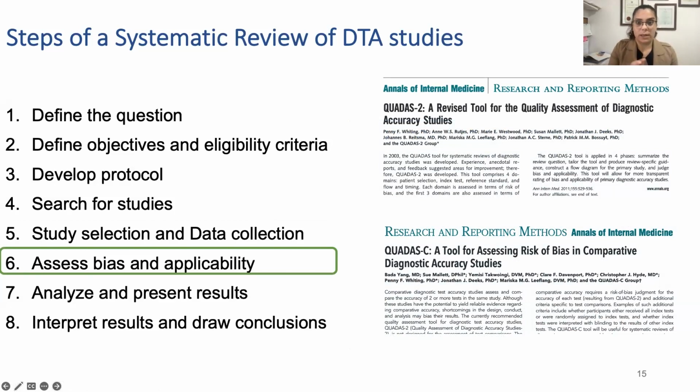So we assess for the bias, the degree to which the estimates of the diagnostic accuracy deviate from the truth. And the applicability in the sense that the primary studies actually are applicable to the review question that we are interested in exploring.